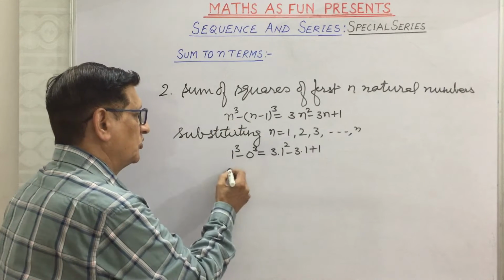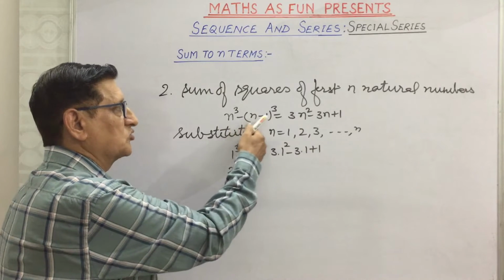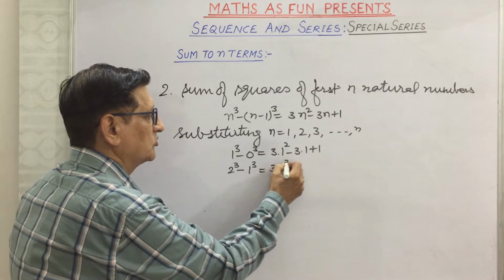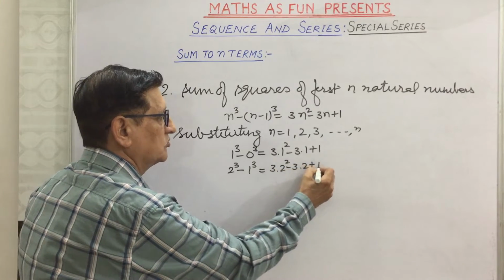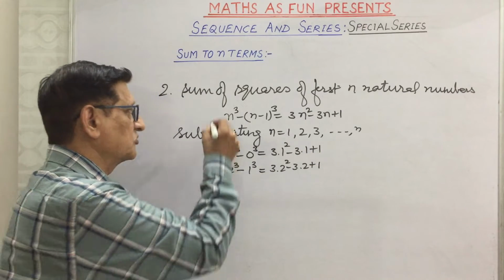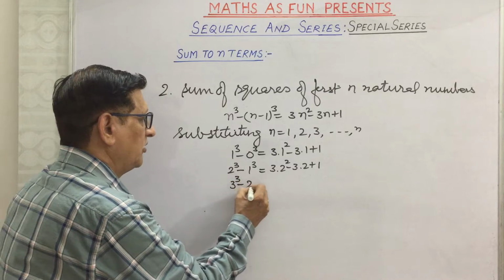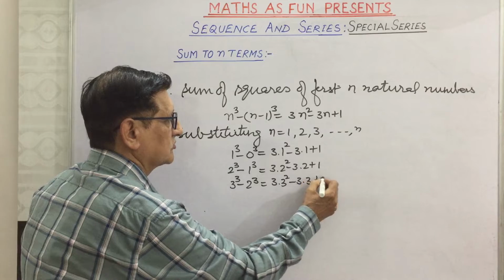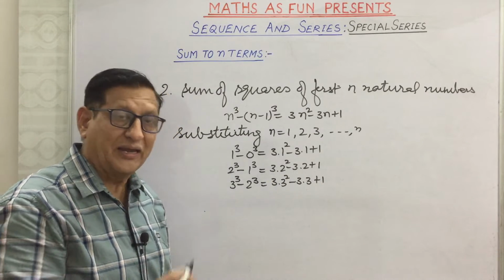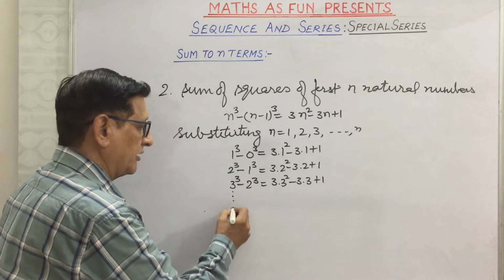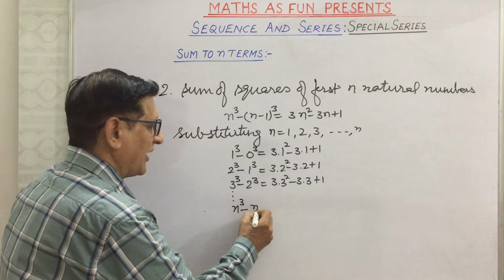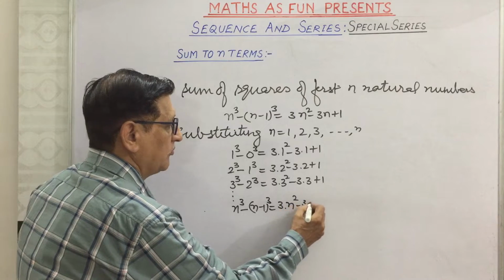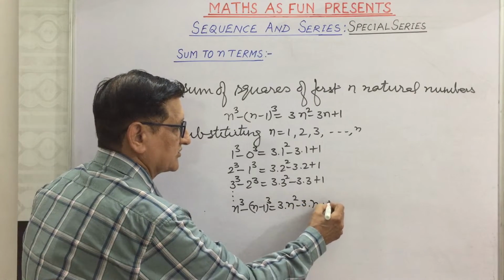When we substitute 2, we get 2 cube minus 1 cube equal to 3 into 2 square minus 3 into 2 plus 1. When we substitute 3, it is 3 cube minus 2 cube equal to 3 into 3 square minus 3 into 3 plus 1. And so on, we substitute n, then it comes as n cube minus n minus 1 whole cube equal to 3 into n square minus 3 into n plus 1.